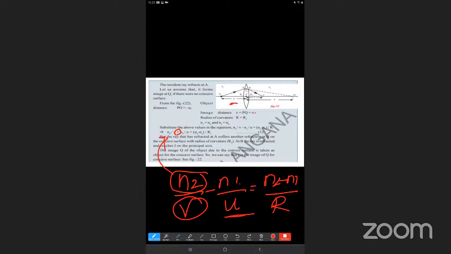And R equals R1. So we get Nb by X plus Na by U equals Nb minus Na by R1.